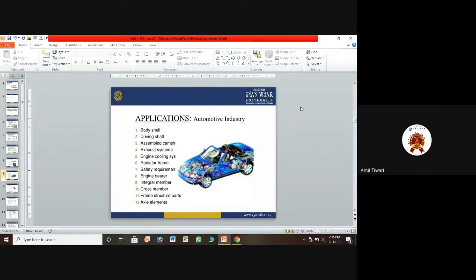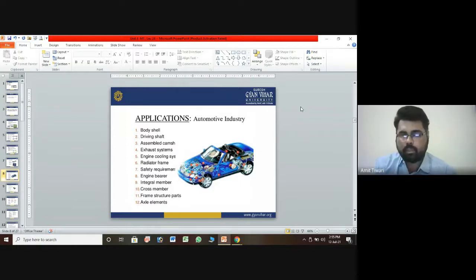All these designs are made by the tube hydroforming technique, and it is very popular because of these applications. So the body shell, driving shaft, all these examples are suitable for making this type of design with the help of hydroforming.